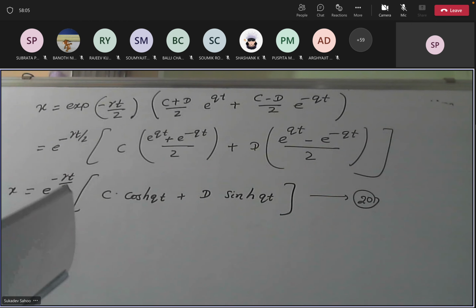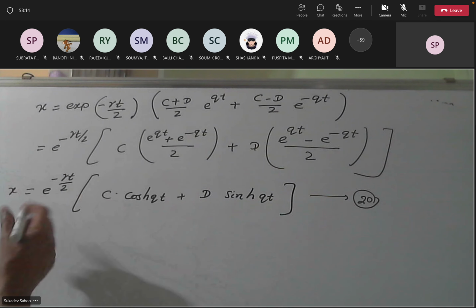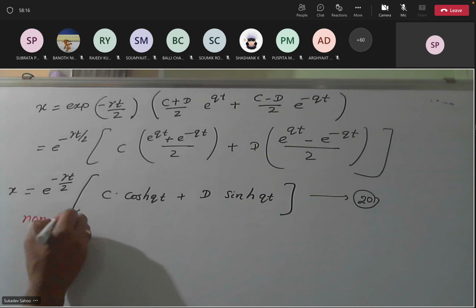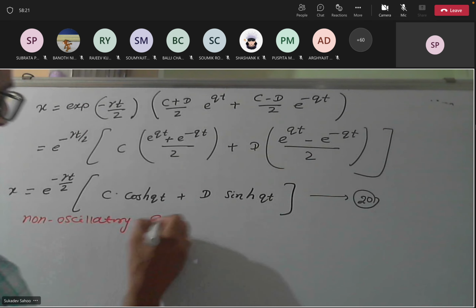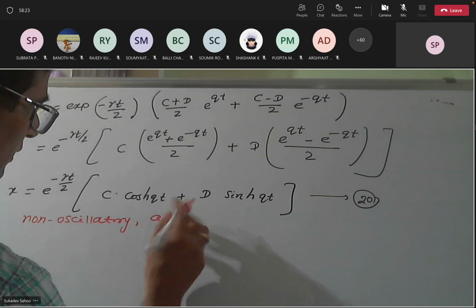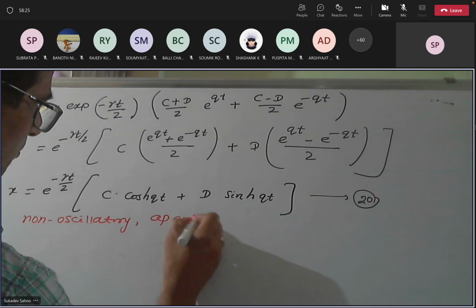So this equation number 20 represents a motion which is non-oscillatory, aperiodic.